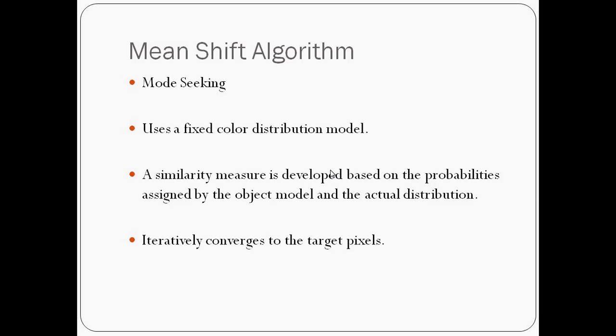It iteratively converges the pixels towards the modes, and in this way it clusters together all the target pixels. It continuously updates the modes, and continuously tries to converge the other, unknown pixels towards these modes.